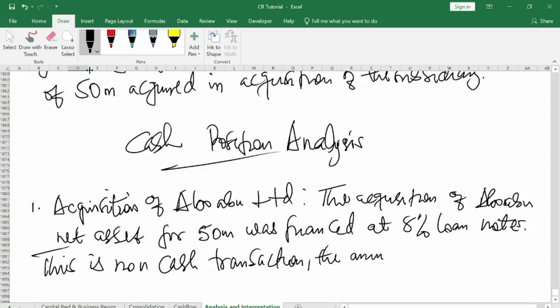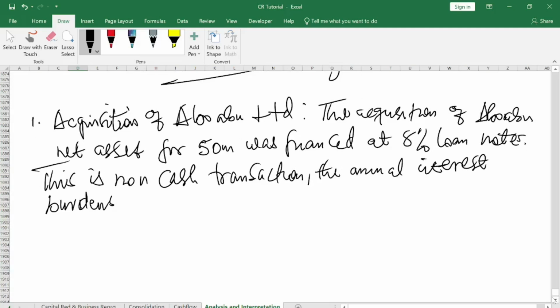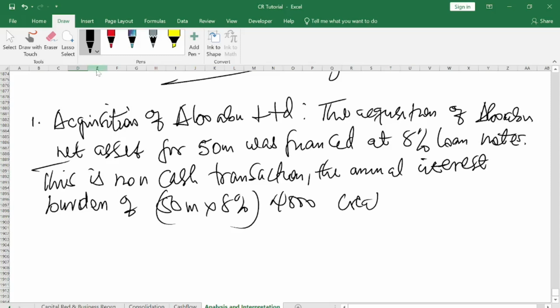The annual interest payment burden, which is 50 million times 8%, which is 4,000, will create an ongoing cash outflow, right? Because this is also another burden to the company.